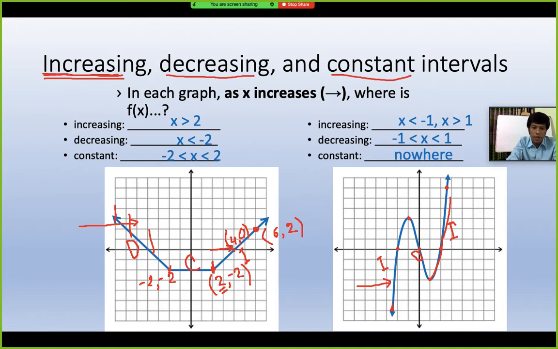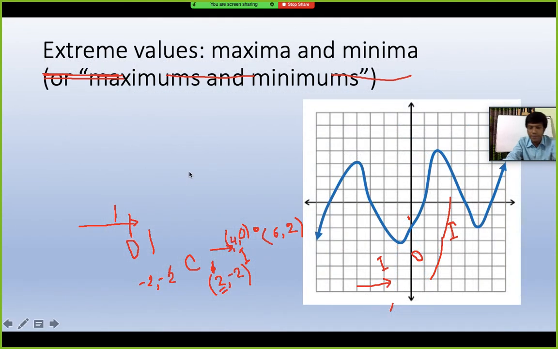Or even for the constant part, from minus 2: minus 2 is less than x is less than plus 2. From this part, our graph is constant. But you are not writing the points. You are not writing this and this.